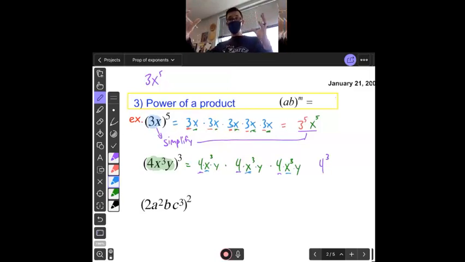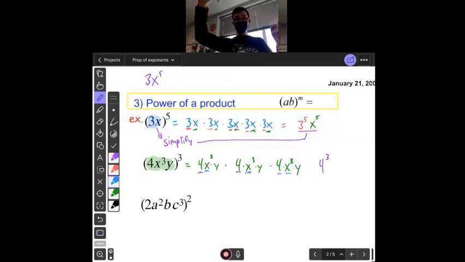That's all multiplying, we just don't put those dots there. When it says multiply, what do we do? Add, right, Elijah? Add the exponents. So I have a 3 plus a 3 plus a 3 is 9. X to the 9th.